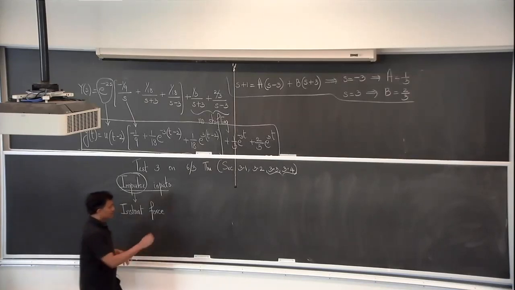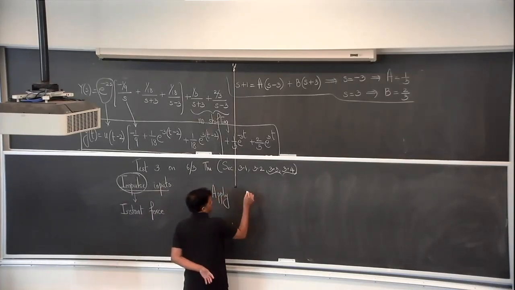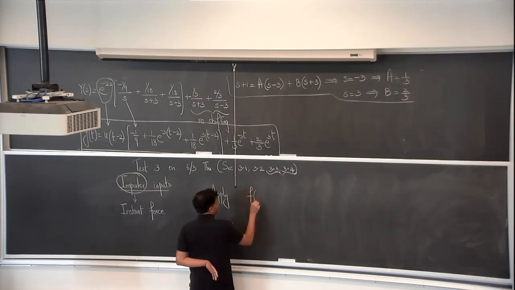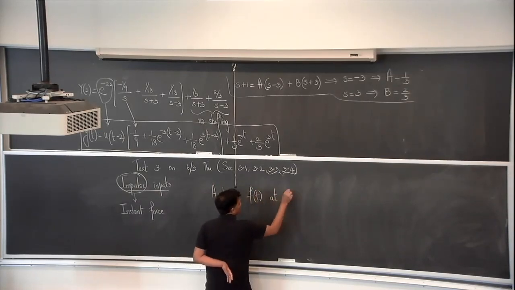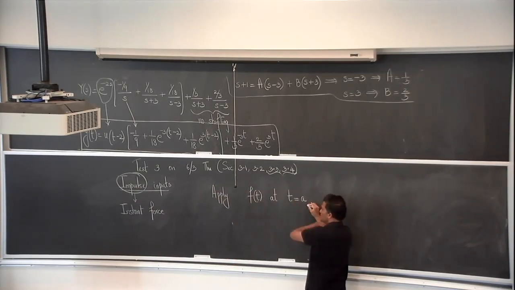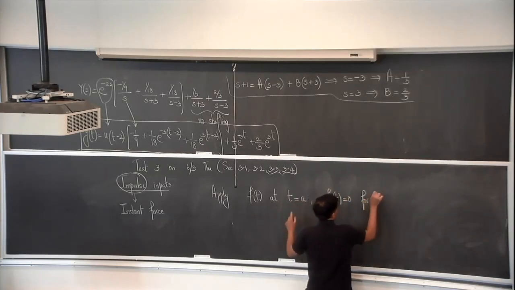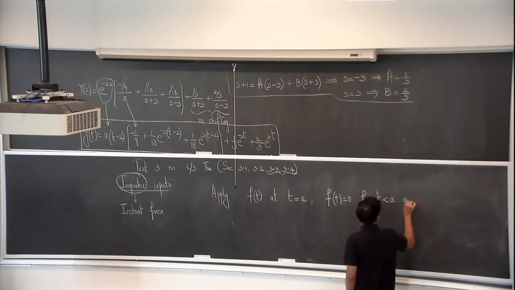So the idea is this: you apply, say, some function f of t at just one instant of time t equal to a. It's 0 on both sides of that particular time. And f of t equals 0 for t less than a and t greater than a.